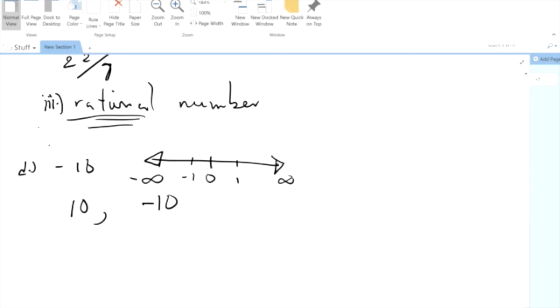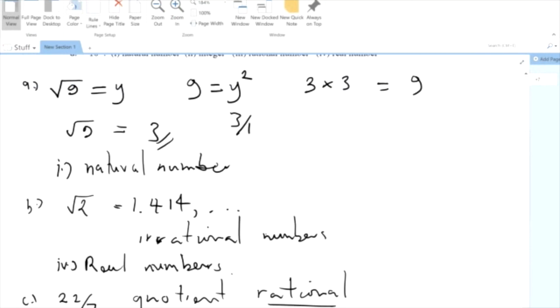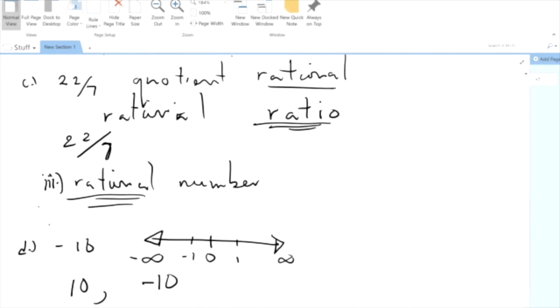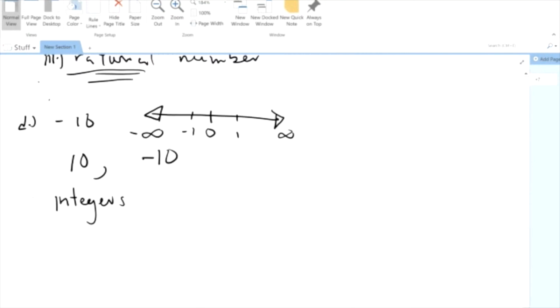Or should I say, for every natural number, there exists an additive inverse. So with that, we now know that -10 belongs to the set of integers, which is our option Roman numeral 2.